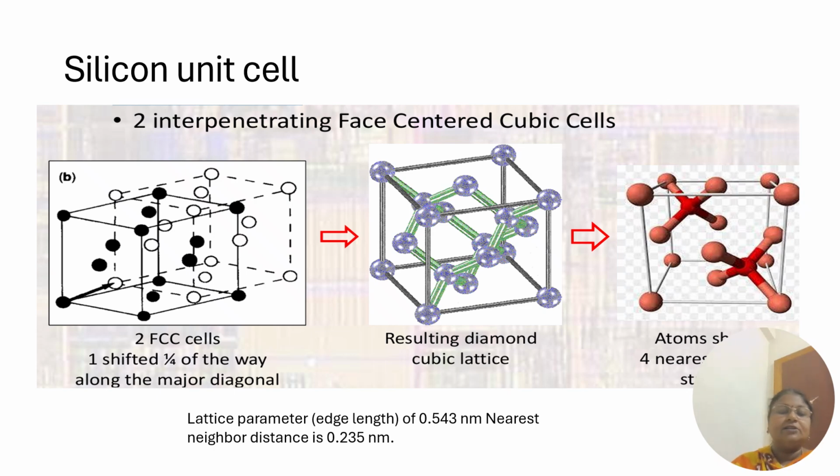So sharing is nothing, from the covalent bond itself we have the sharing phenomena, and the lattice parameter, the edge length, if it is 0.5 nanometer, the nearest neighbor distance is going to be 0.235. So how well we are shifting these, and accordingly the lattice parameter, the edge length, is going to be determined.